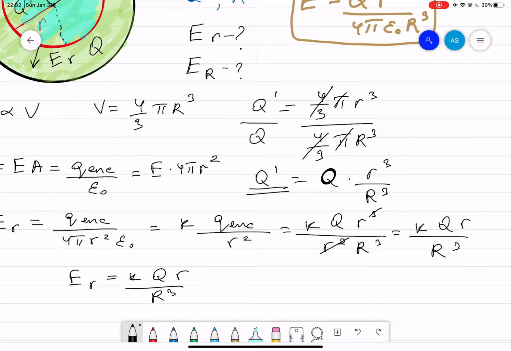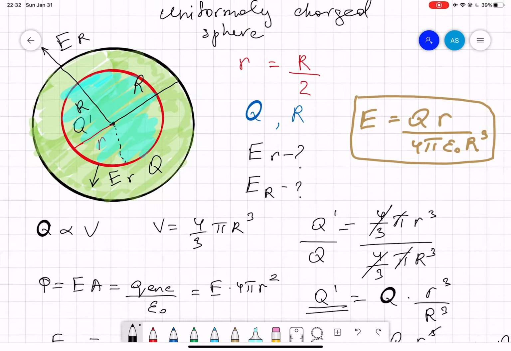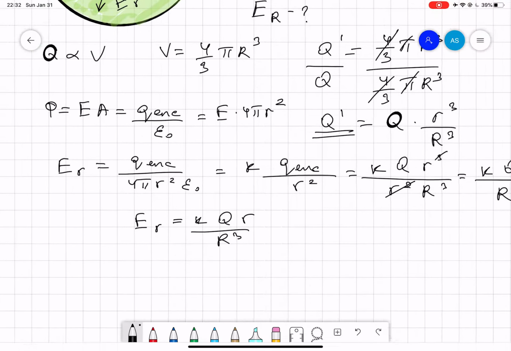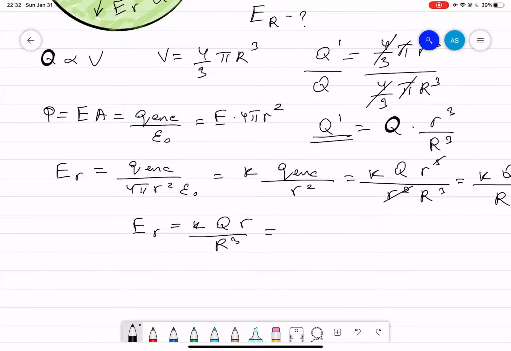Now in our case, it says that at the halfway of the sphere, that means capital R divided by 2. If you plug it here, k Q, this is R divided by 2, here we still have R cube, then this will cancel, and we get k Q divided by 2R squared. This is the field at halfway, so let me write down here that it's R over 2.